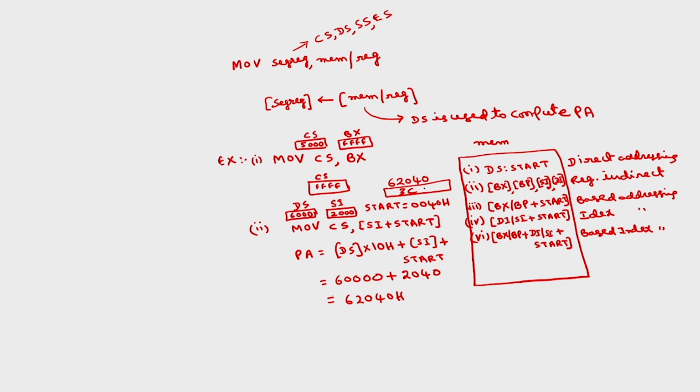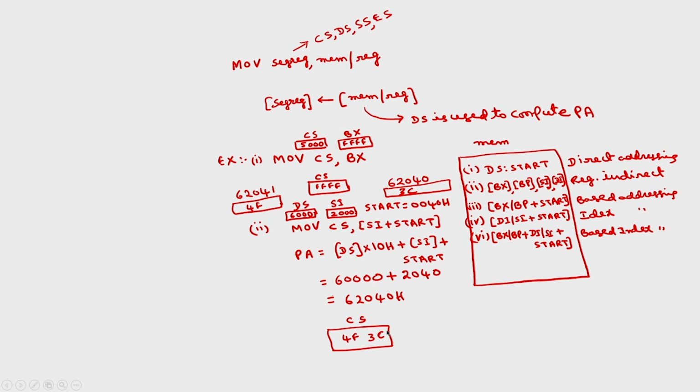The first will be loaded into the lower order, and the higher order will be from the next address. If I assume the contents of 62,041 is 4F, then the content of CS will be: lower order 3C, higher order 4F.